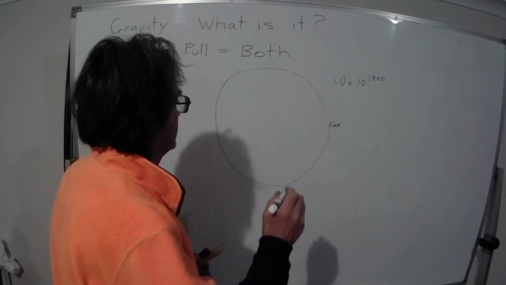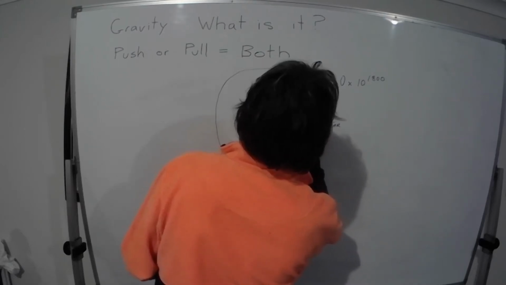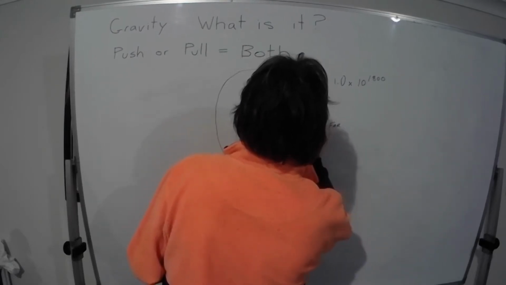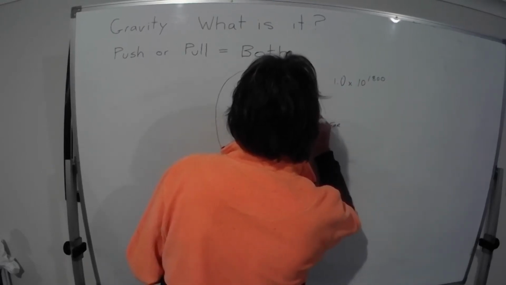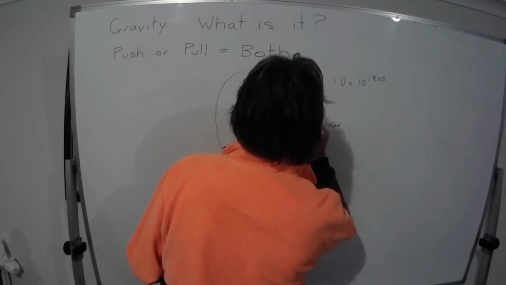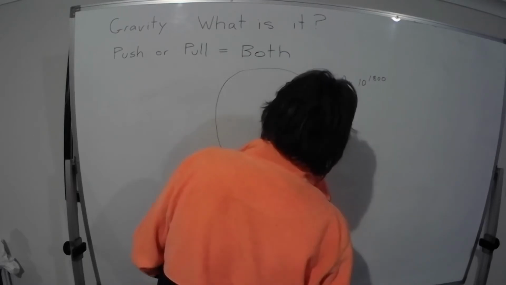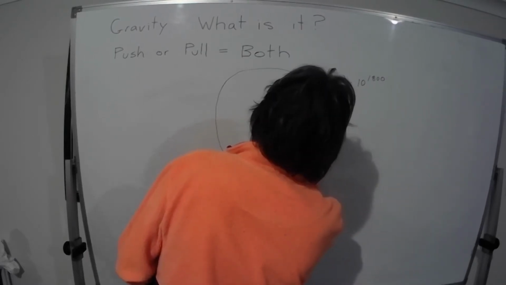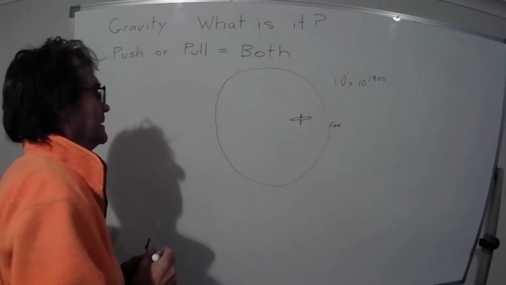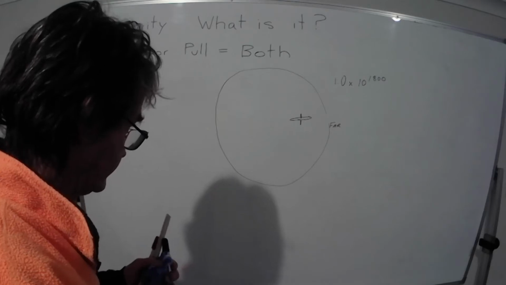And a gyroscope, draw it like this. No, that's not right. So there's our gyroscope, pretty crude. What's the secret to a gyroscope?